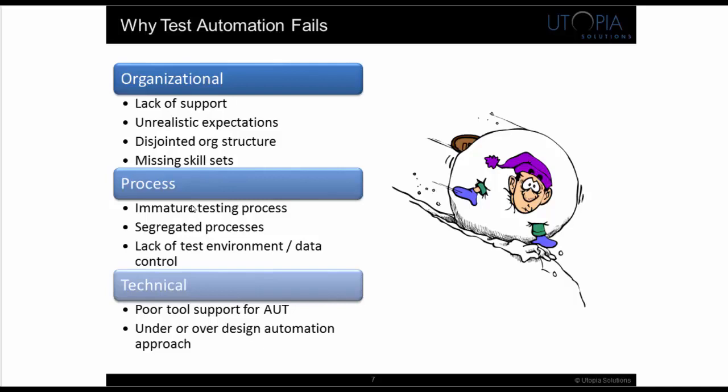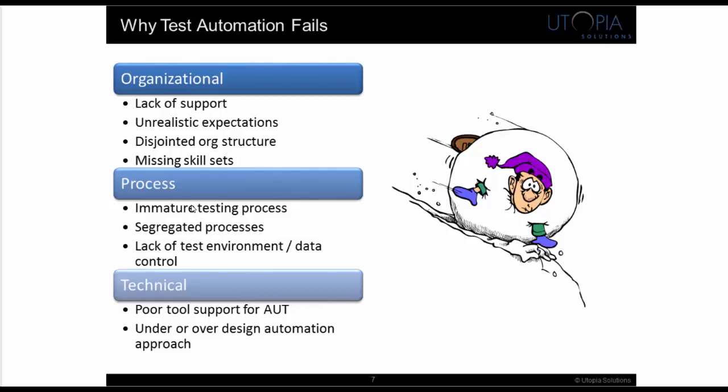So after looking at the challenges, I think it's helpful to understand why test automation fails, and it will help us put together a strategy for avoiding some of that. Many efforts are doomed from the start due to organizational issues. Maybe the organization doesn't have realistic expectations.